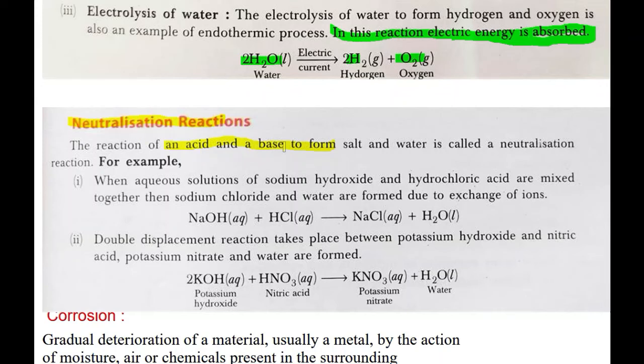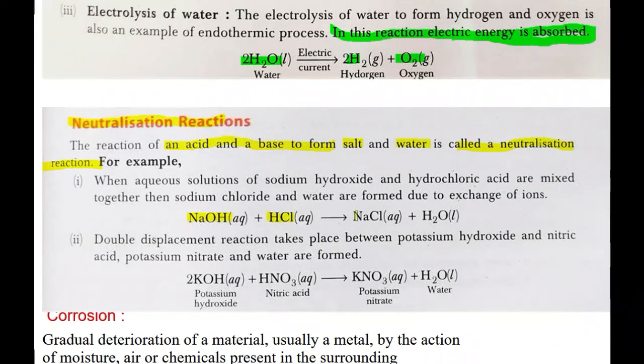When an acid reacts with a base, they form salt and water. This reaction is very simple and easy to remember: when an acid reacts with a base, it is called a neutralization reaction, and during this reaction salt and water are formed. For example, sodium hydroxide, which is a base, reacts with hydrochloric acid, which is an acid.